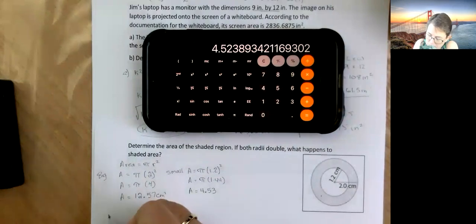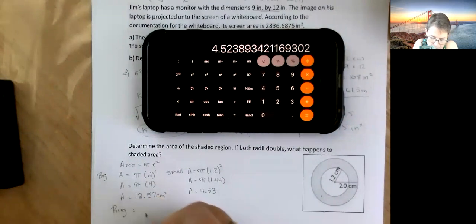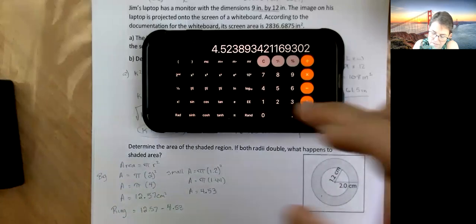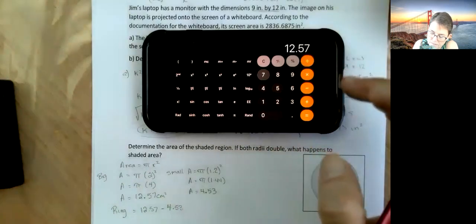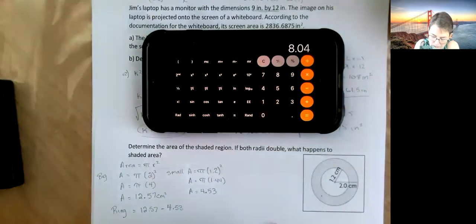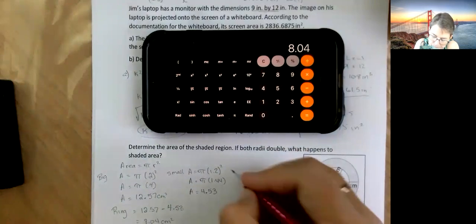So the ring will be 12.57 minus 4.53. Okay, 8.04 centimeters squared.